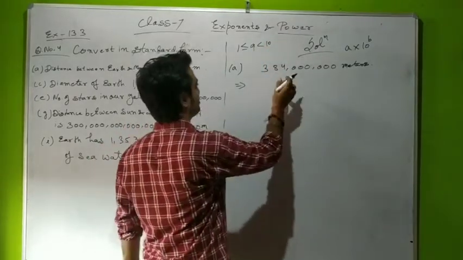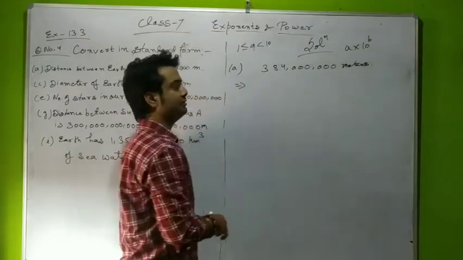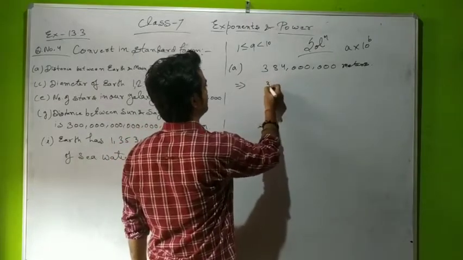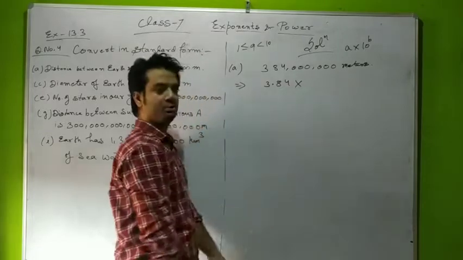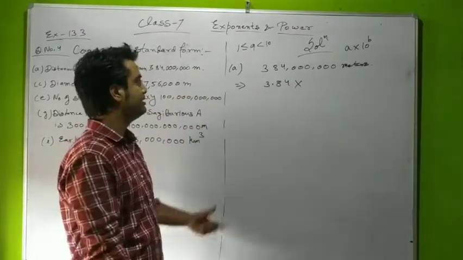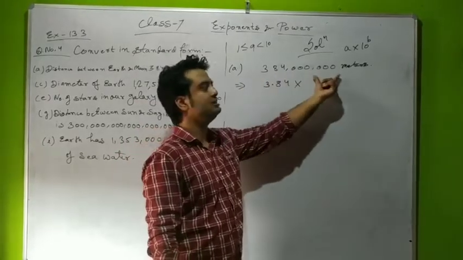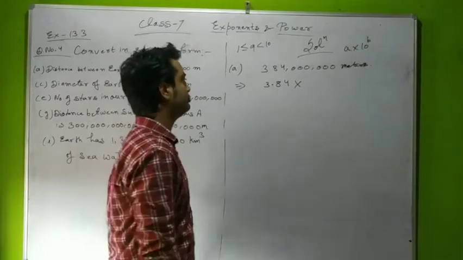So if we make the a part first, where do we put the decimal? Exactly here. So it gives us 3.84 into... as I told you in the last video, if after a number there are only zeros, then the zeros have no significance. We need not write them.